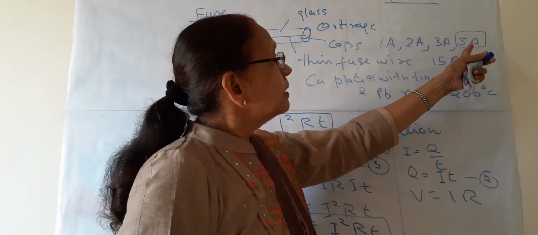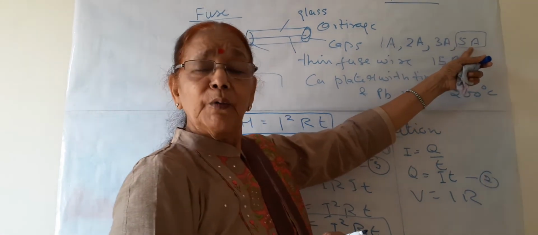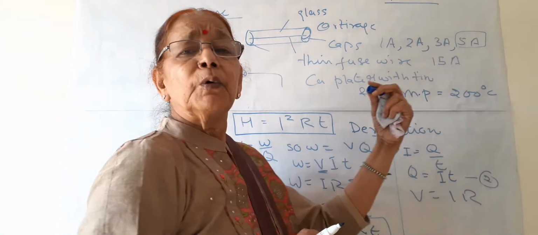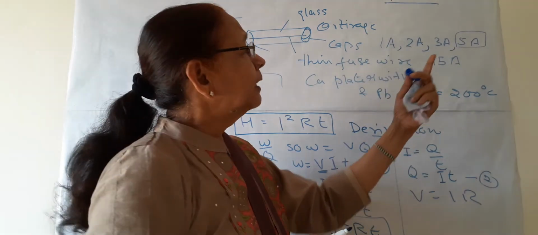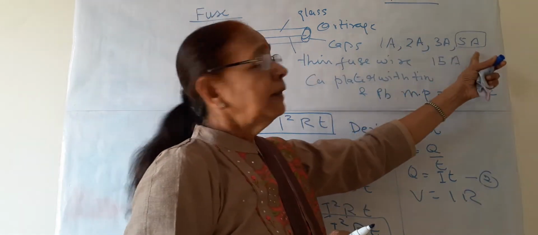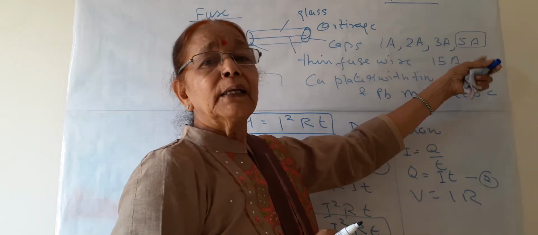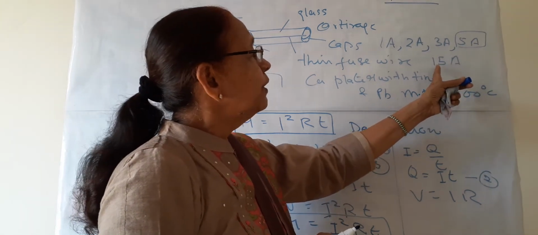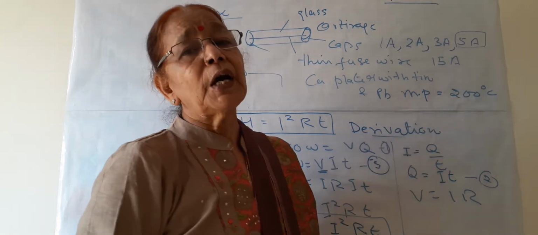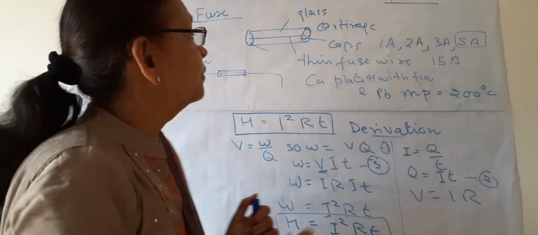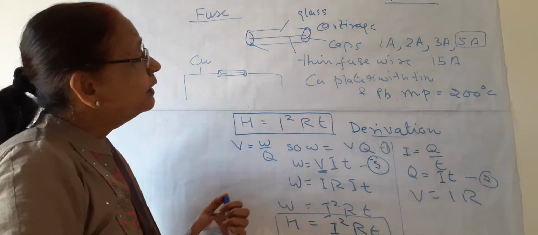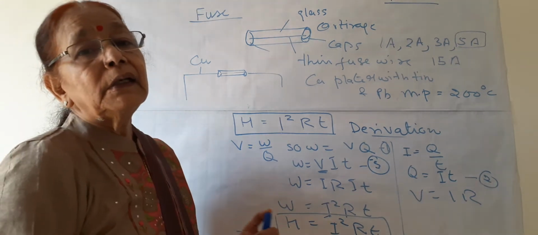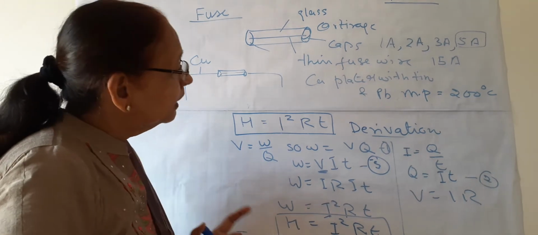So a fuse somewhat less than this is placed before that gadget, and if more current than that comes, it will melt and it cannot reach this gadget. So it will be saved. In heavy gadgets, which use heavy currents, we use 50 ampere fuses. So this is how the fuse works, based on the heating effect of electric current.